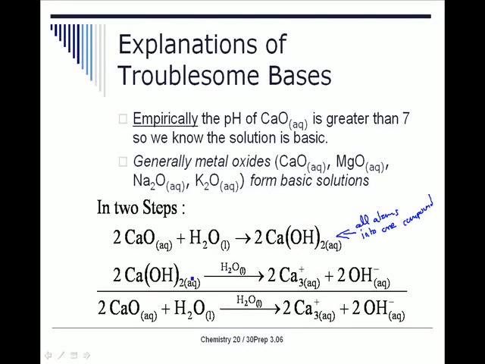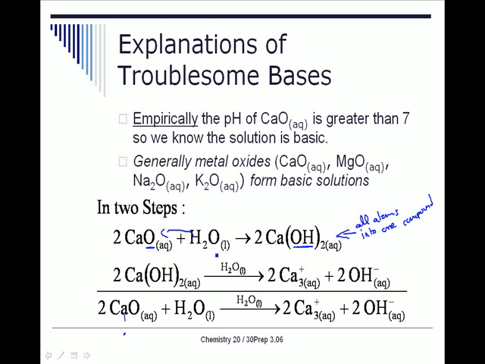So again, our problem is we can't actually dissociate this to form hydroxides, and it can't take just one hydrogen, so it's going to take 2. And so we end up with calcium hydroxide. And now that we have a calcium hydroxide, now we can dissociate it.